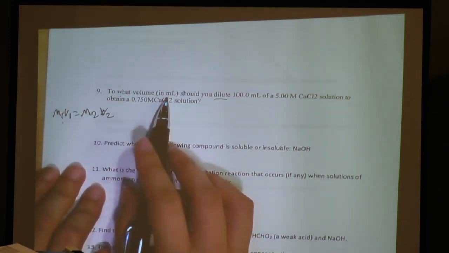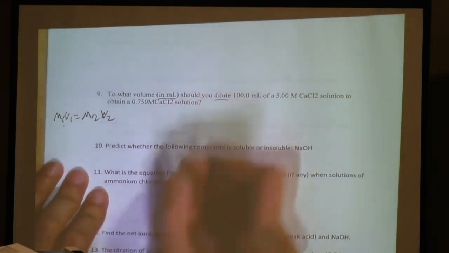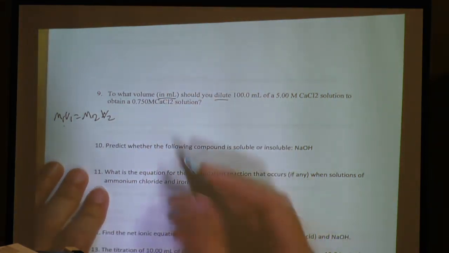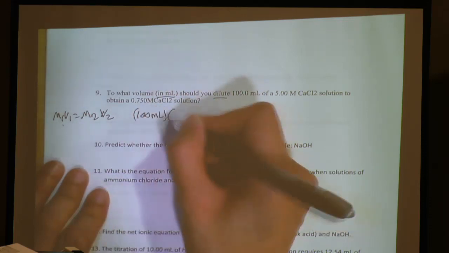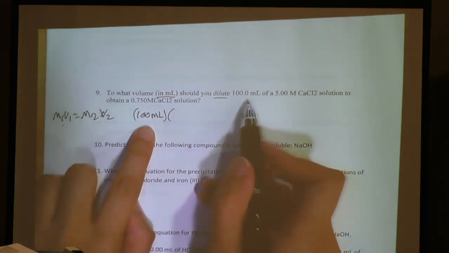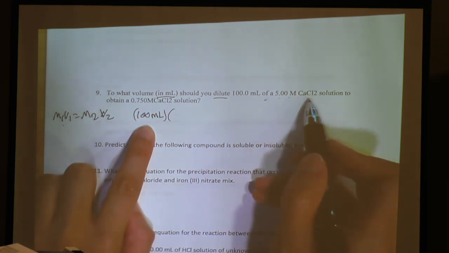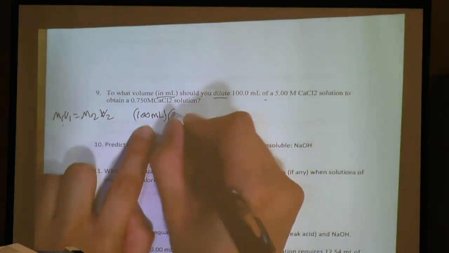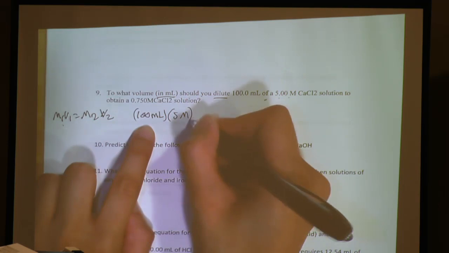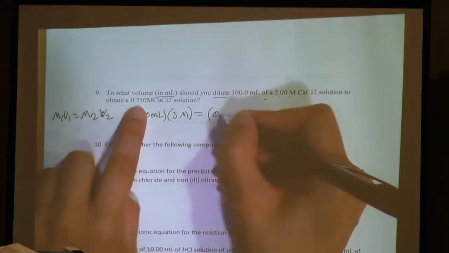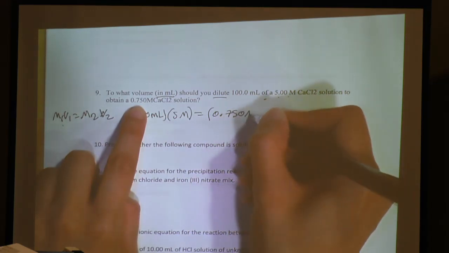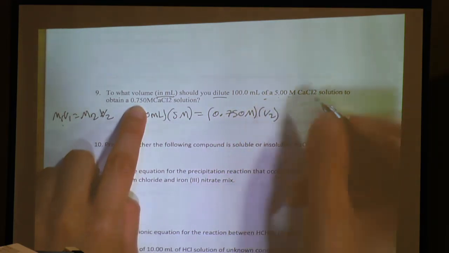And we want our final answer in milliliters. So we're going to take 100 milliliters. This is our V1 of a 5 molarity solution. This is our M1. And we're going to set it equal to 0.750 molarity, times our V2.